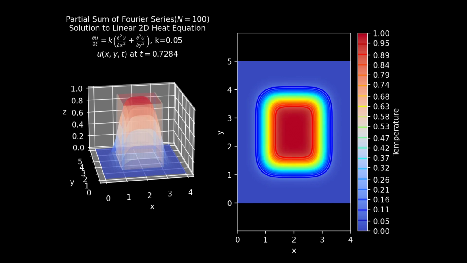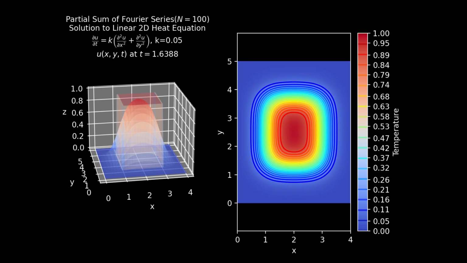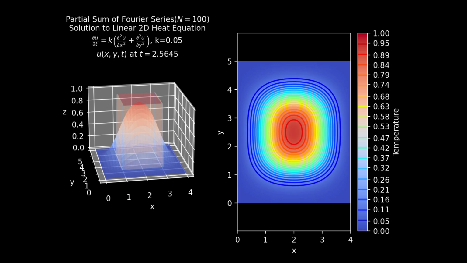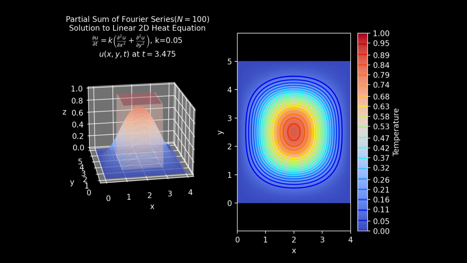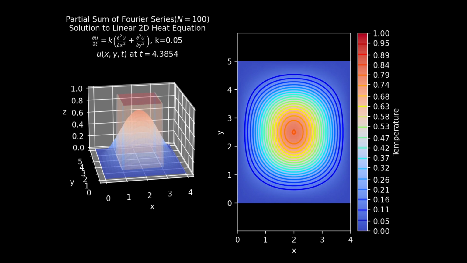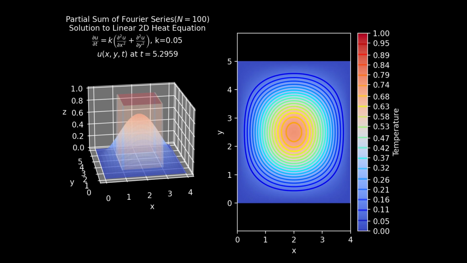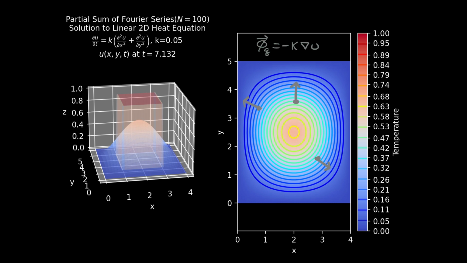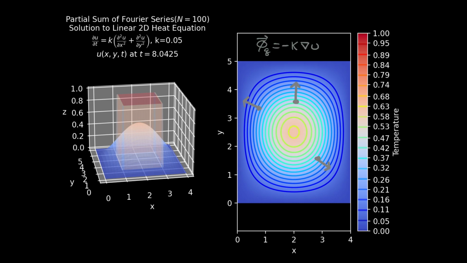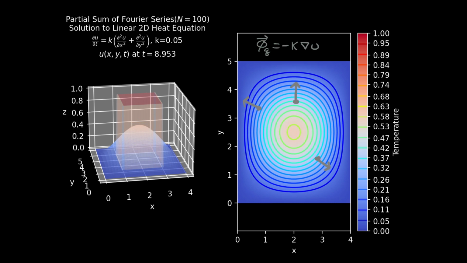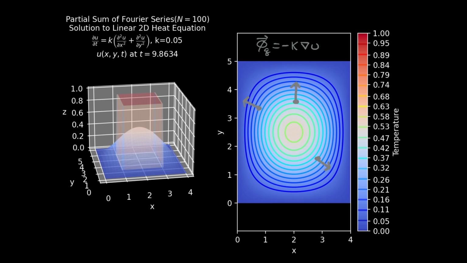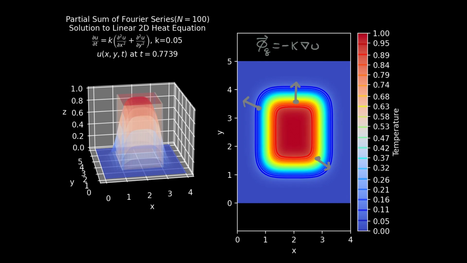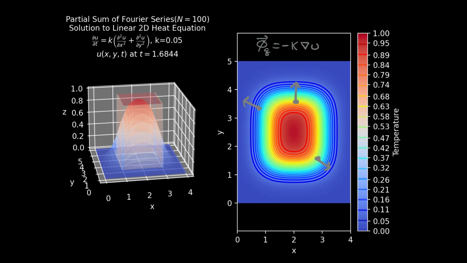And you see very clearly, though, that this is doing all of the things that we expect it to do. Specifically, the heat is flowing in the direction of the negative gradient. The gradient of this function is always pointing uphill, the direction of fastest increasing direction of the function, and the temperature is flowing away.